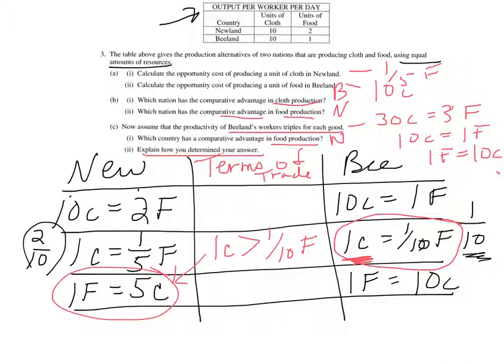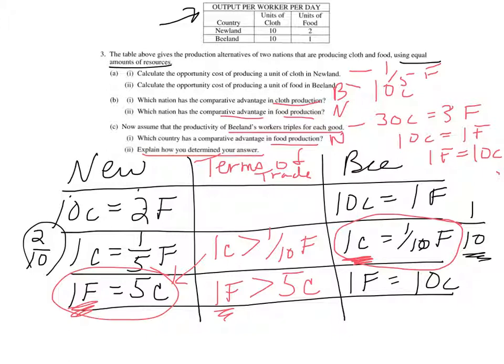Anything greater than 1/10 a unit of food would make Beeland better off than if they produced everything themselves. For Newland, they're going to specialize in food production, and they will trade with Beeland as long as 1 unit of food has a greater value than 5 units of cloth.